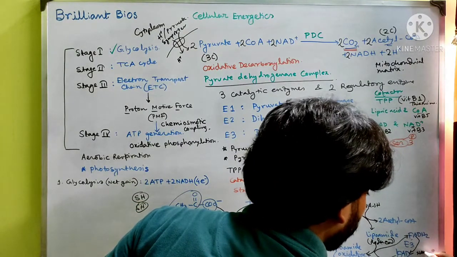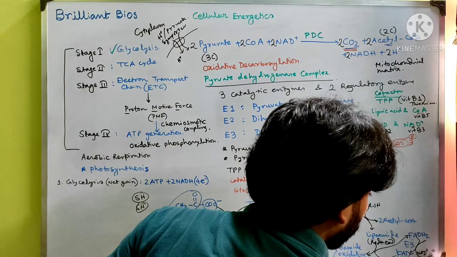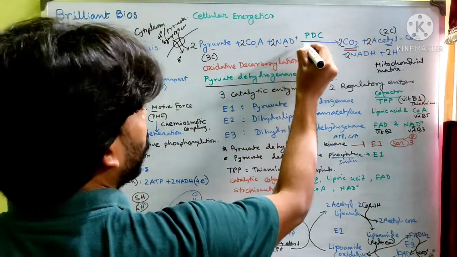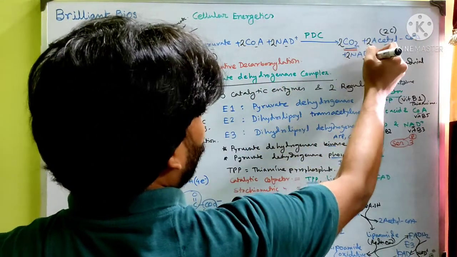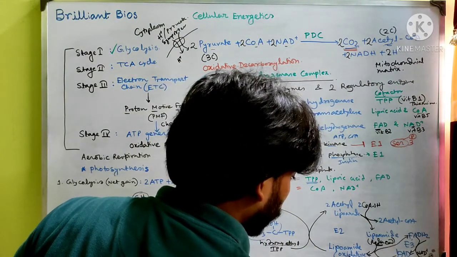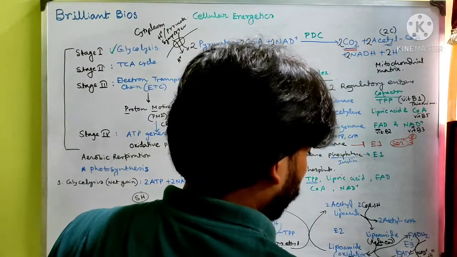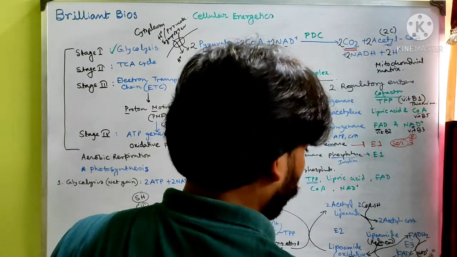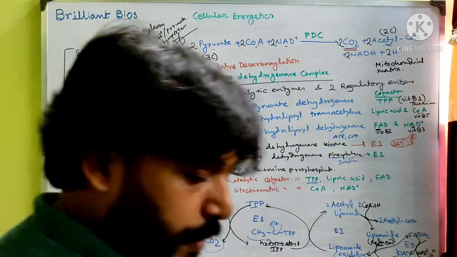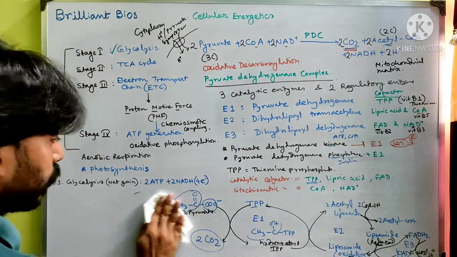NAD plus takes the hydrogen and makes NADH plus H plus. So this is the whole reaction: pyruvate, coenzyme A, NAD, giving 2 acetyl-CoA, carbon dioxide, and NADH. The reduced lipoamide gets oxidized, and the FAD is reoxidized by NAD plus, so this is oxidative decarboxylation.